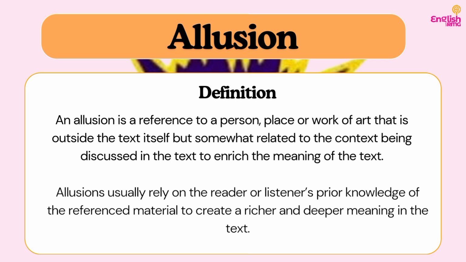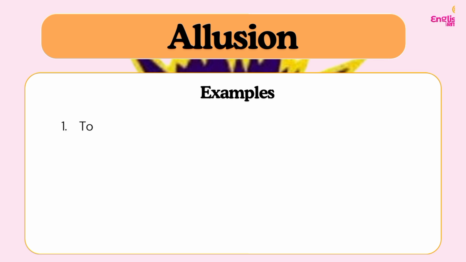So by saying, are you the Mary of our generation? Your reader would be able to understand what you're trying to say. That, okay, so do you want to tell us that you also want to give birth to a child miraculously? Do you understand? So by using allusions, you'll be relying on your reader's prior knowledge of whatever it is that you are trying to say in that context by referring to that person, which is an iconic person.